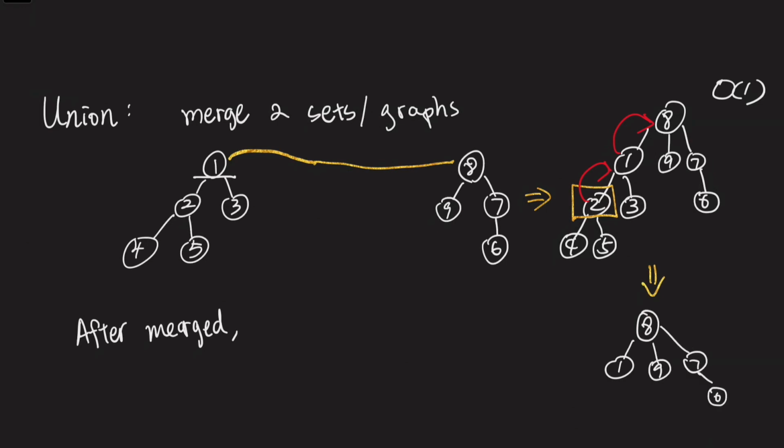So this is the current graph, and we remove this subtree here and put it directly under 8. So next time when you ask for 2, it's going to be only one step and you will find who's your real leader.